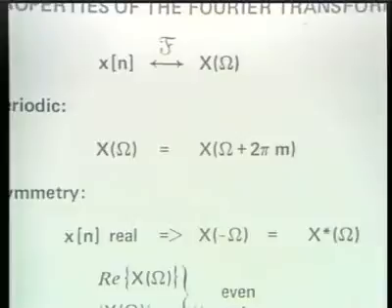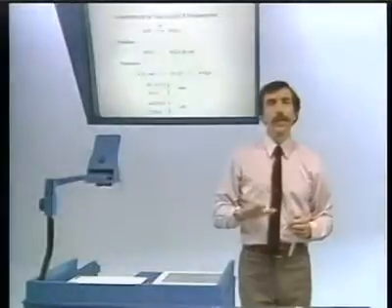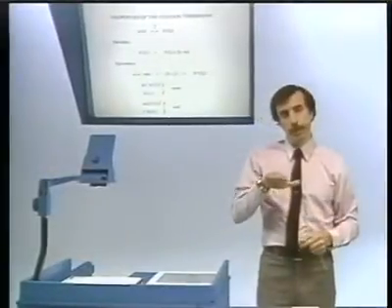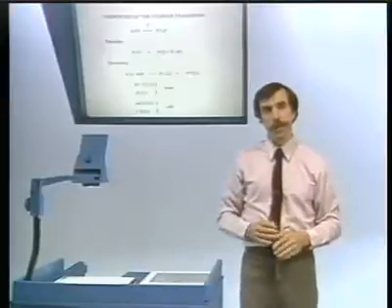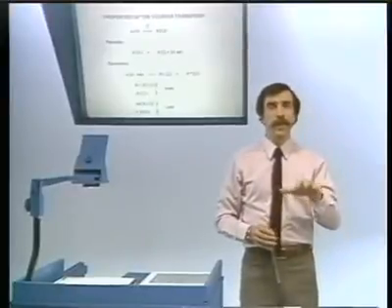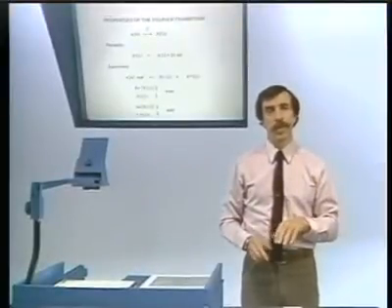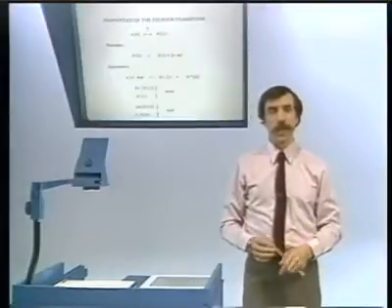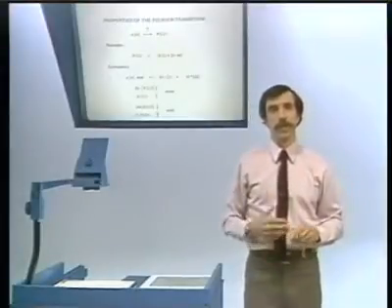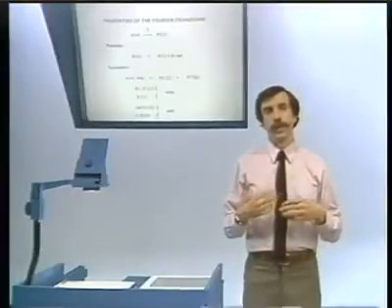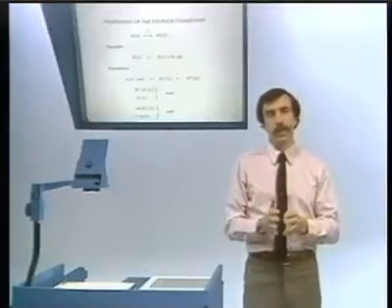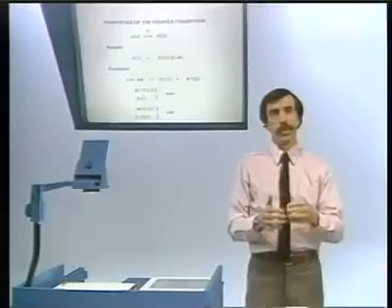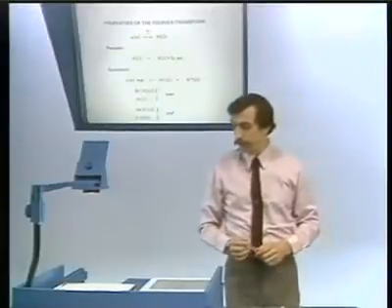And I stress again that the underlying basis for this periodicity property is the fact that the complex exponentials are inherently periodic in frequency. And so, of course, any representation using them would, in effect, generate a periodicity with this period of 2 pi.